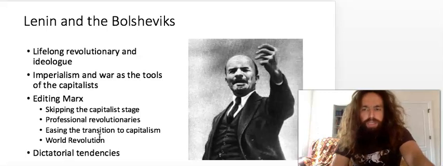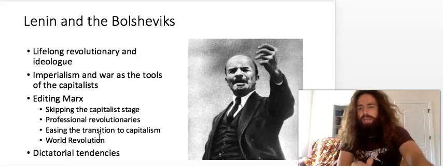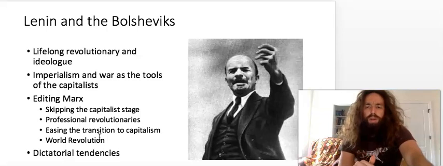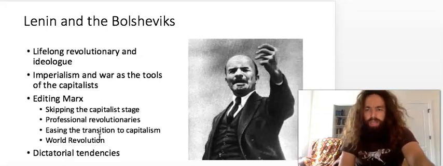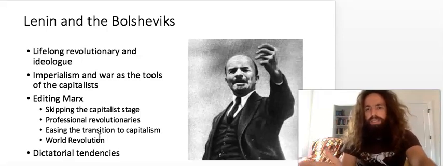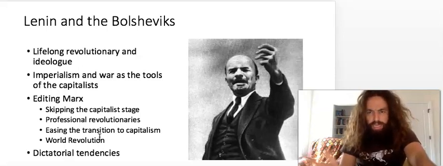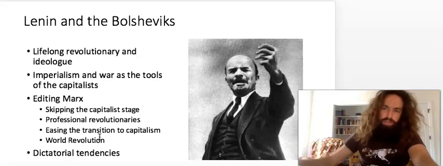In terms of his personality, he showed really strong dictatorial tendencies, even when all he was doing was running like a communist book club. So anytime anybody disagreed with Lenin at any point, he would not only try and prove them wrong and prove himself right, but he would basically consider that person to be his personal enemy and would try to drive them out of the party and make sure nobody ever talked to them again.